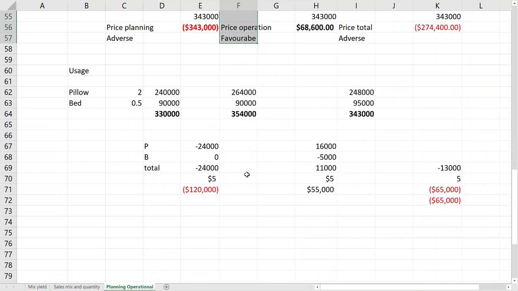So when we talk about usage, we only talk about the change in quantity, not the change in price. So what we use is the original price. If it was labor variance, you would use the original rate, not the revised rate or the actual rate. Does that make sense? So this is our usage planning variance, the figure below.